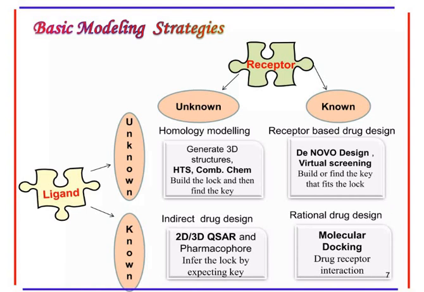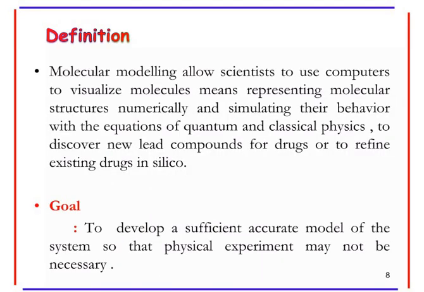Now ligands are unknown but receptor known: de novo design, virtual screening, build or find the key that fits the lock. Now ligands known but receptor unknown: indirect drug design, 2D, 3D QSAR and pharmacophore, infer the lock by inspecting the key.